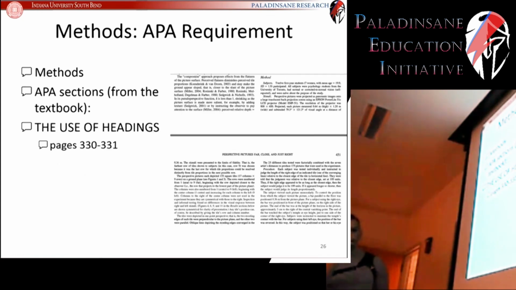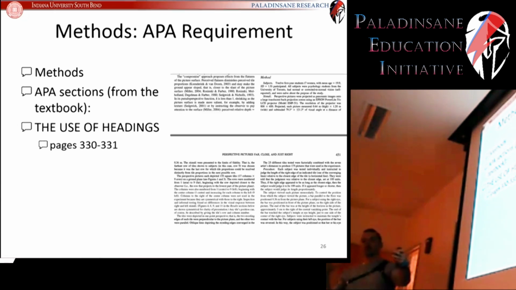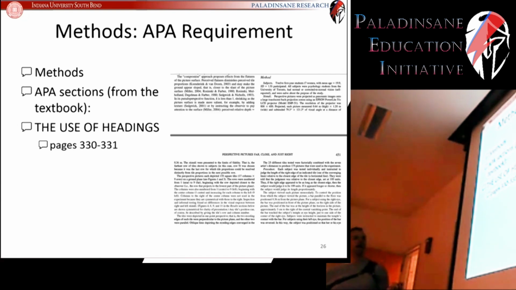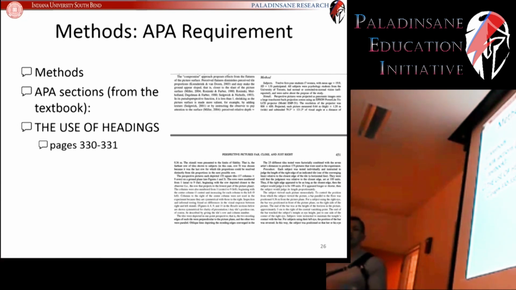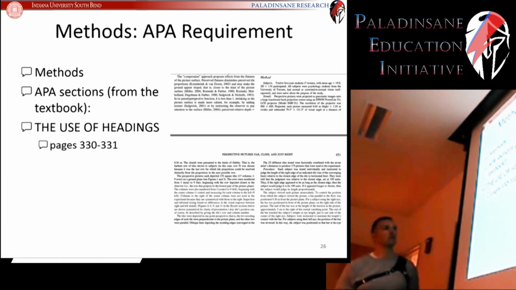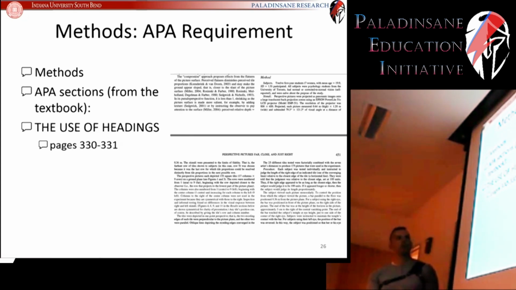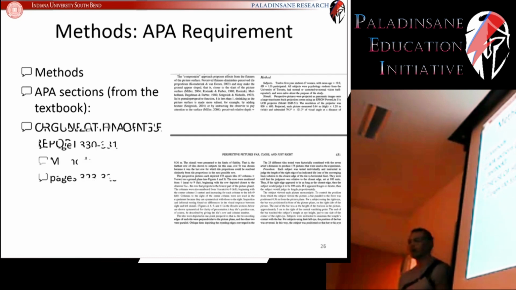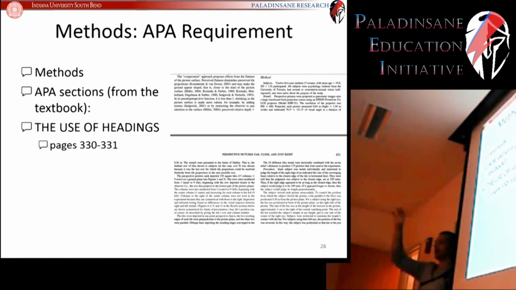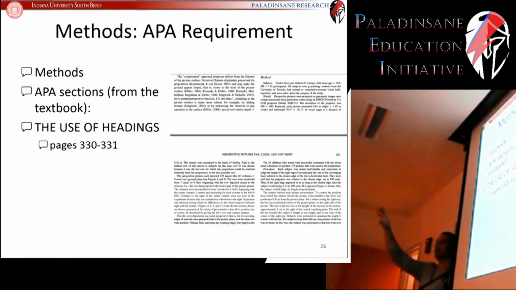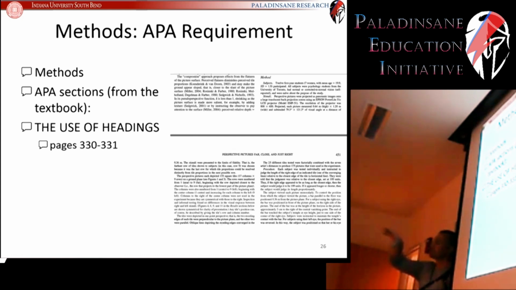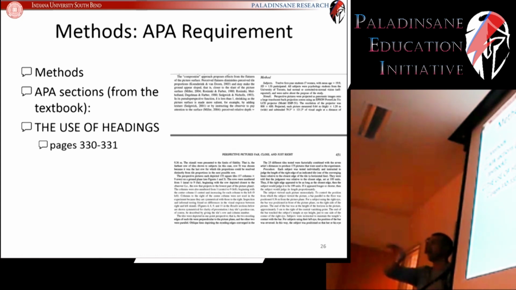This is the big APA one that we're going to focus on, and it's the use of headings. So in this report, let's go back to the use of headings. We have a level 1 heading, that is the method section. And in that we have subheadings, those are level 2 headings.